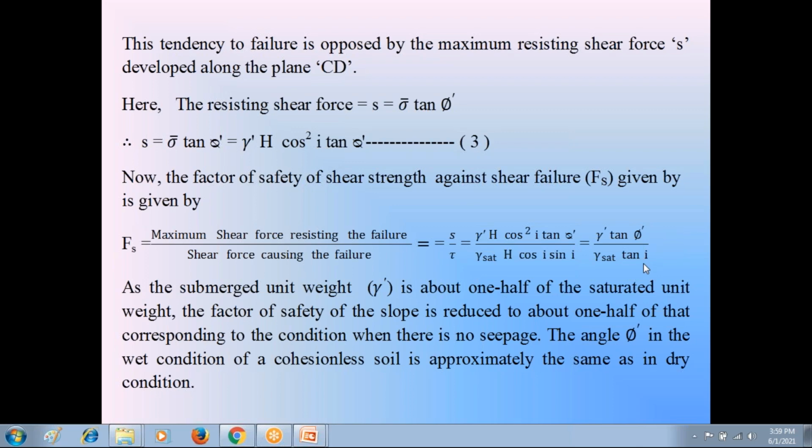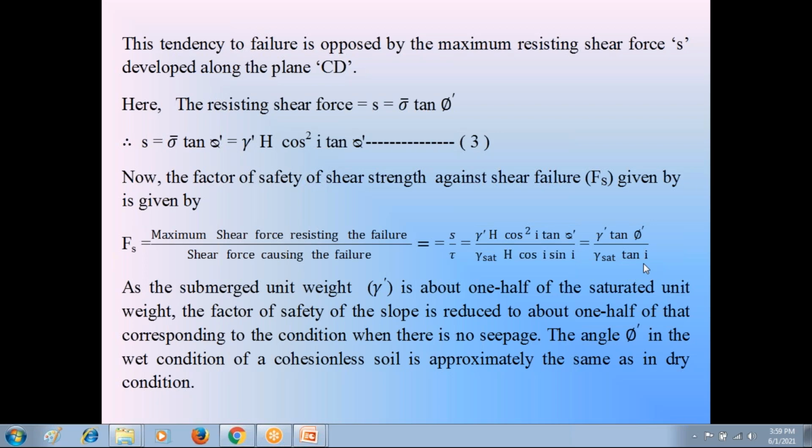That is, if the soil slope is in seepage flow condition, that happens in rainy season. During the rainy season, the water is moving in the soil slope. If that water is moving in the soil slope, the factor of safety of soil slope reduces by half of the factor of safety in dry condition.